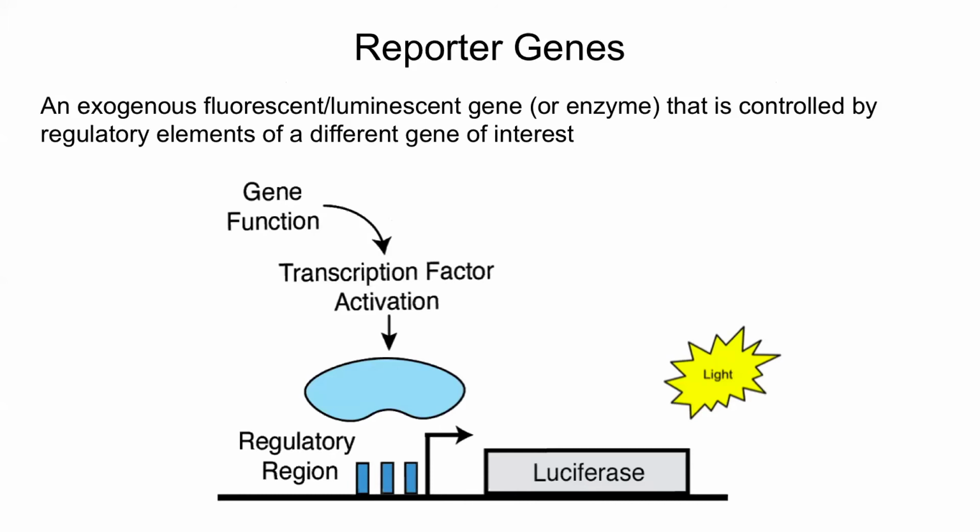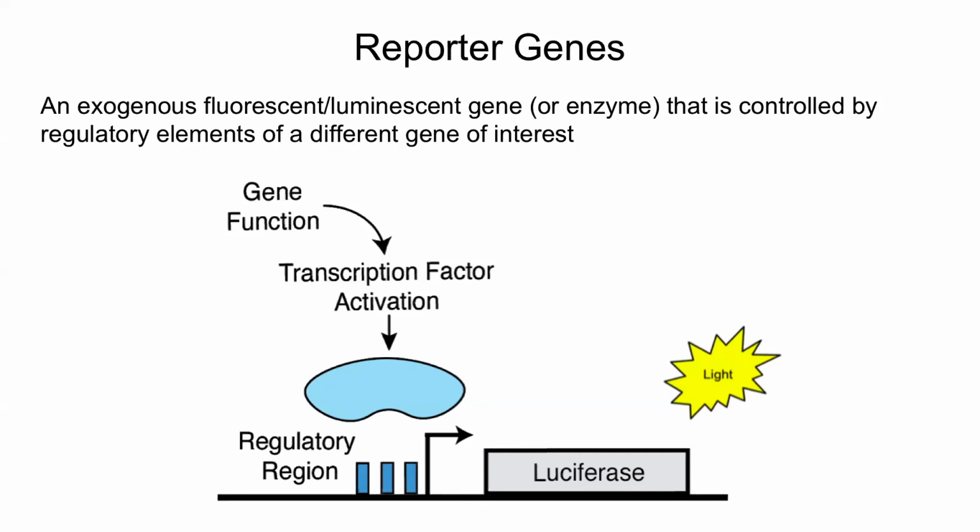This whole approach depends on the concept of a reporter gene. Reporter genes are quite useful and widespread throughout molecular and cell biology. Generally, they exist for a wide variety of genes, but the idea is that you have some sort of exogenous fluorescent or luminescent gene, and you tie the expression of such a gene to an external gene's regulatory elements.